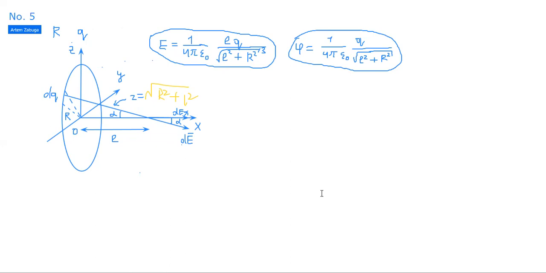A system consists of a thin charged wire ring of radius r and a quite long uniformly charged thread that is placed along the ring's axis. So we have thread that is on the axis x. One of the thread's ends is in the center of the ring that has charge q.